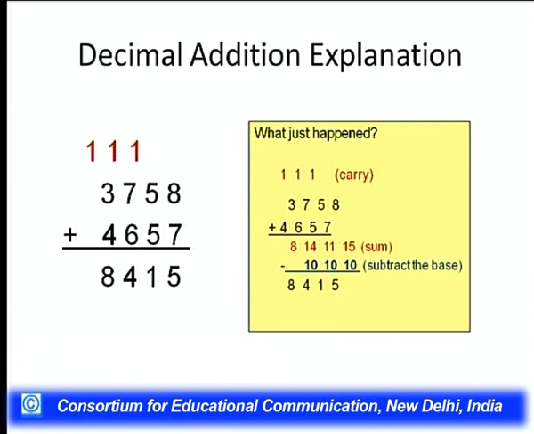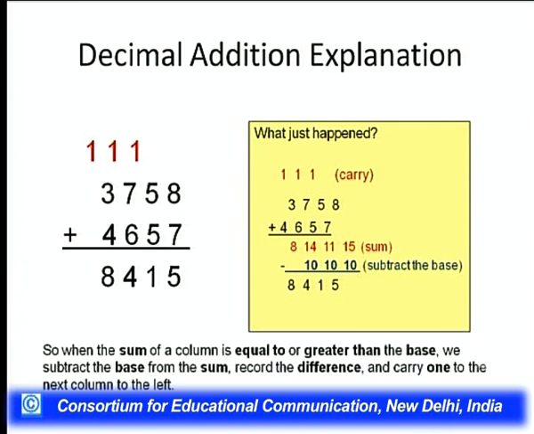So, we are subtracting the base and whatever is the answer we are writing that and we are carrying over 1. So, basically when you have an addition with a carryover, you subtract the base of the number. The base could be 10, it could be 2, it could be 8, it could be 16. So, in all types of additions, this general rule is followed for carryover for addition.